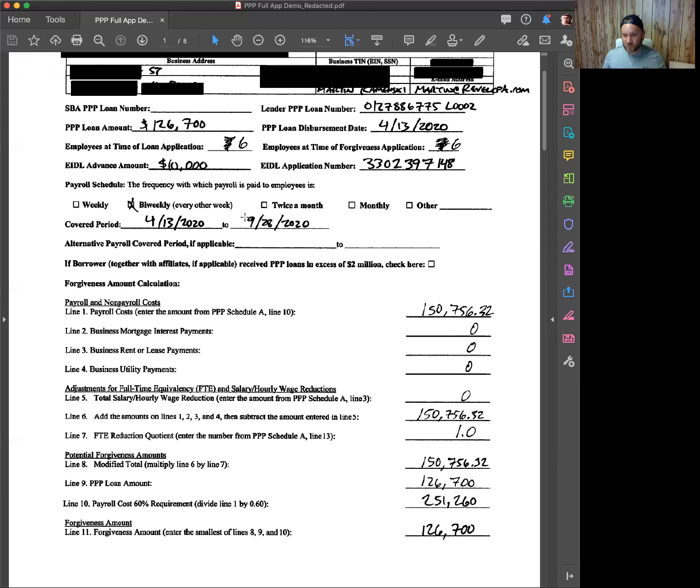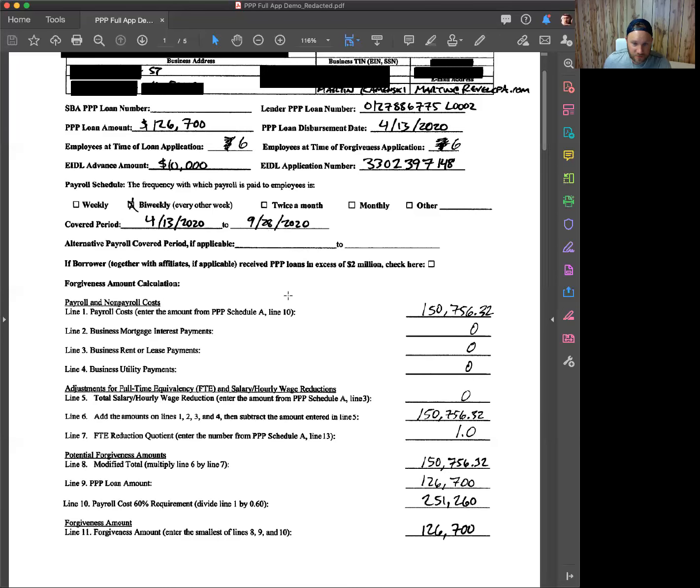So it ended up being 24 weeks. You have the option to still have it be 8 weeks if for some reason that works out better for you. Most folks, I believe, will end up choosing the longer covered period. So it's going to start with whatever your loan disbursement date was, and it's going to go forward for a total of 6 months.